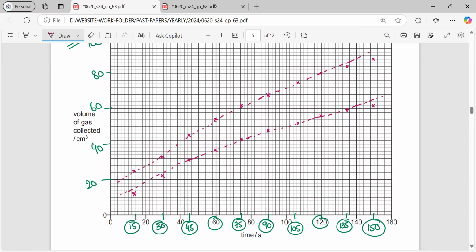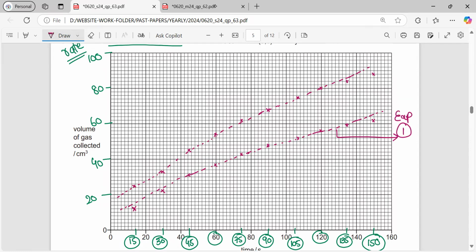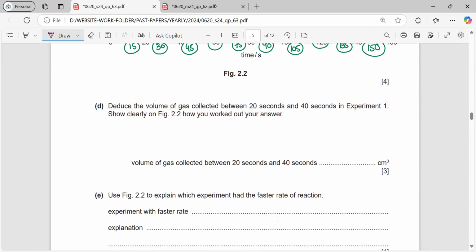Then you have to label them also, because this line is for experiment 1, and the second line is for experiment 2. Label them properly. After that, the question is, deduce the volume of gas collected between 20 seconds and 40 seconds in experiment 1.